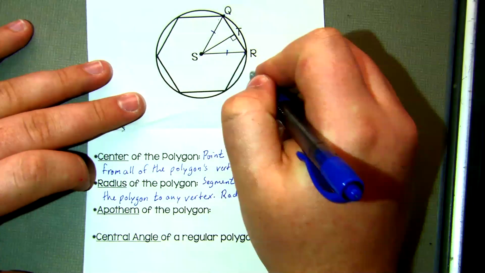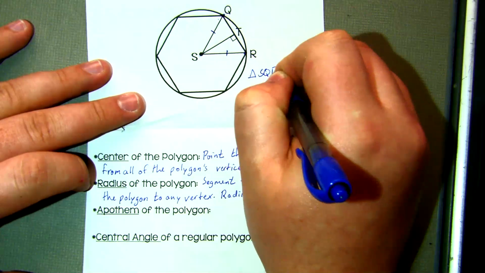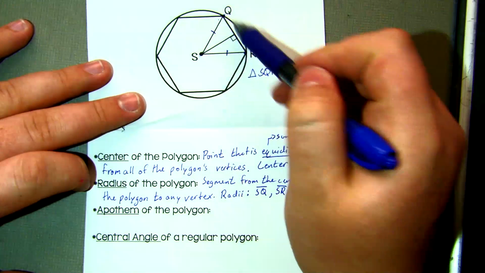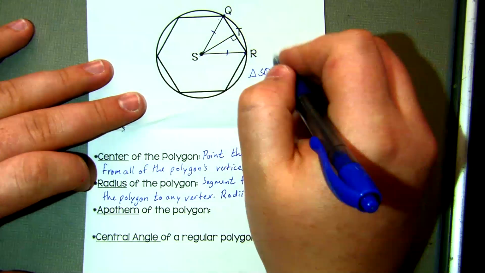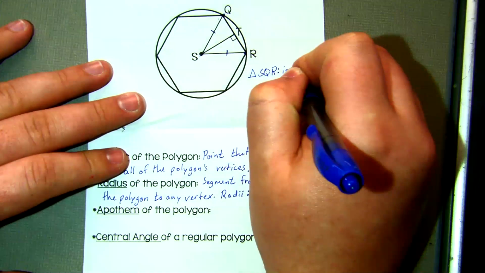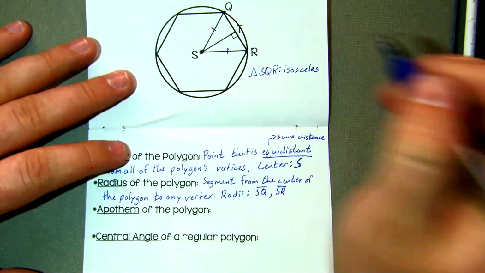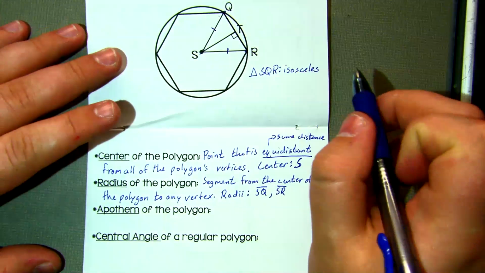But if we're looking at triangle SQR, my hint, yeah, very nice. Isosceles. Saw that one in the chat. Triangle SQR is isosceles.